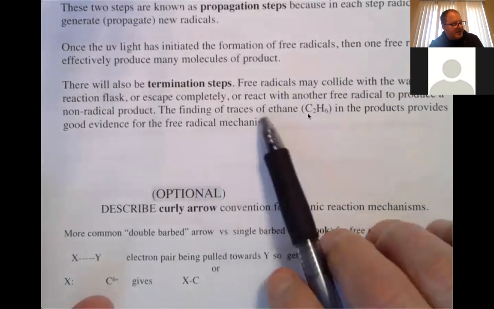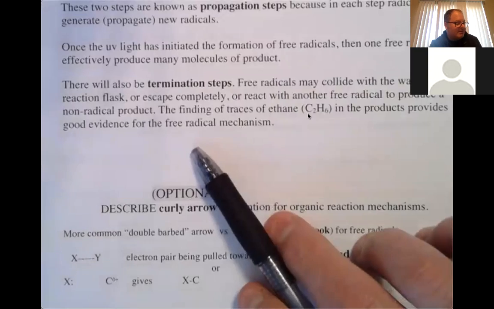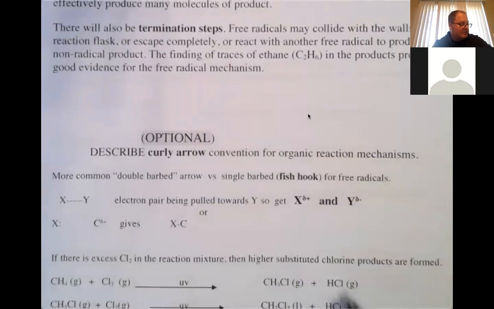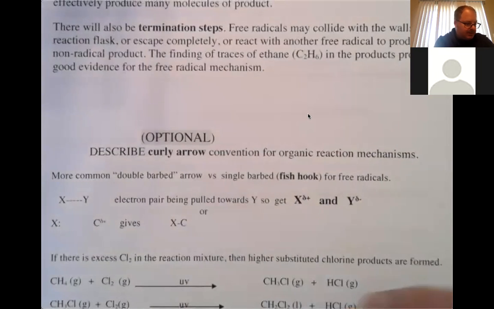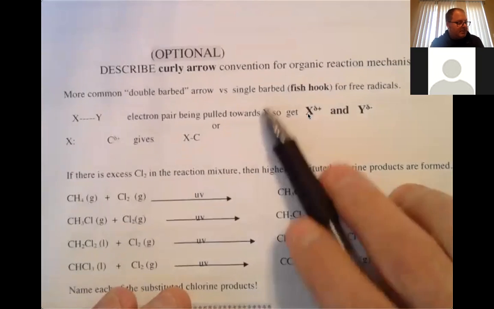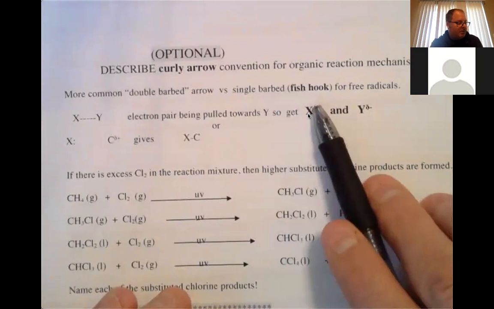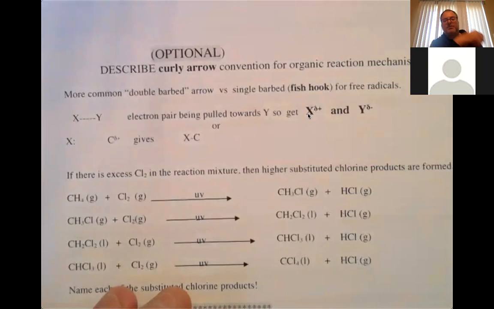Oh, there we go. Finding the traces of ethane provides good evidence of the free radical mechanism. This is that curly arrow thing. Like I said, it's optional on this. But the single barbed would be for free radicals, and the double barbed would be if you take both electrons away.